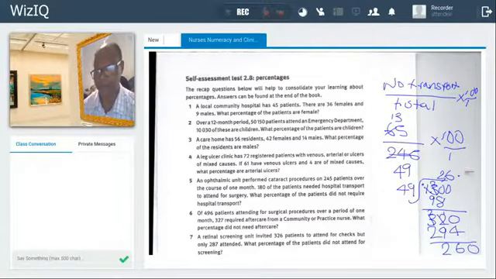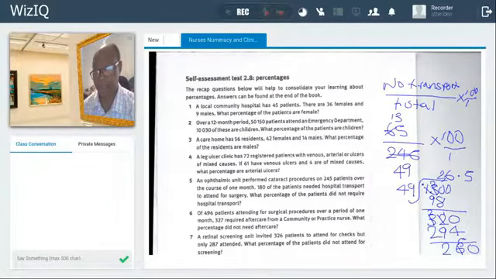So yes, try 5. 5 times 9, 45. 5 times 4, 20. Plus 4, 24. We'll borrow 1 from here, so we have 5. 10 take away 5 is going to be 5. And 5 take away 4 is going to be 1. We add a 0. This is 150.